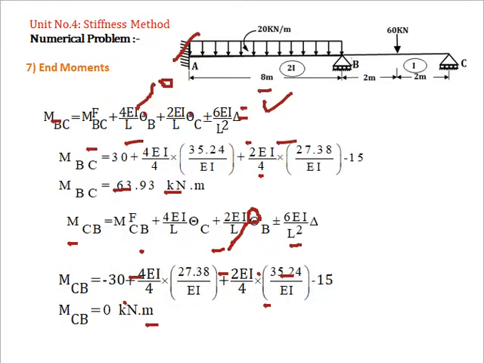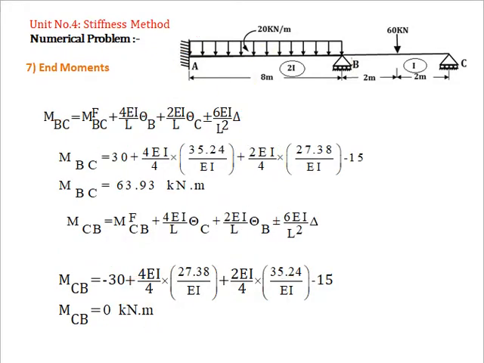Now let's find out the end moments created at B and C by considering span BC. Again apply the slope deflection equation. MBC is equal to MFBC plus 4EI by L into theta B plus 2EI by L into theta C plus minus 6EI by L square into delta. Now putting the values, theta B is 35.24 by EI and theta C is 27.38 by EI.